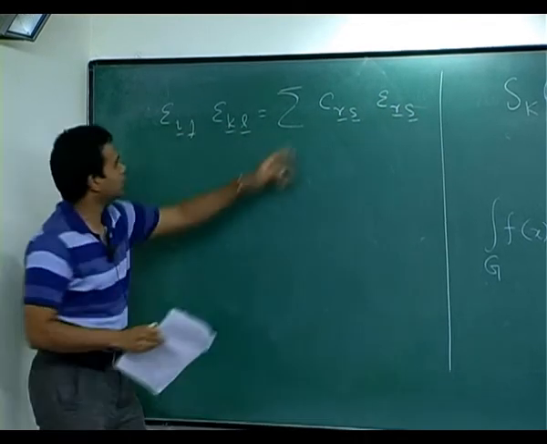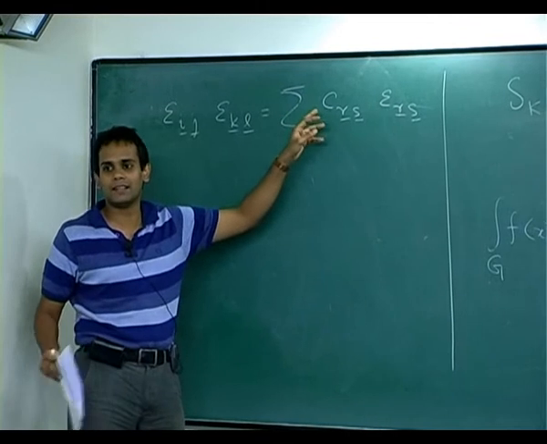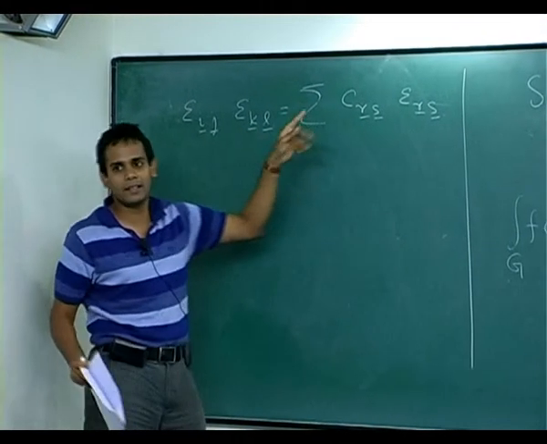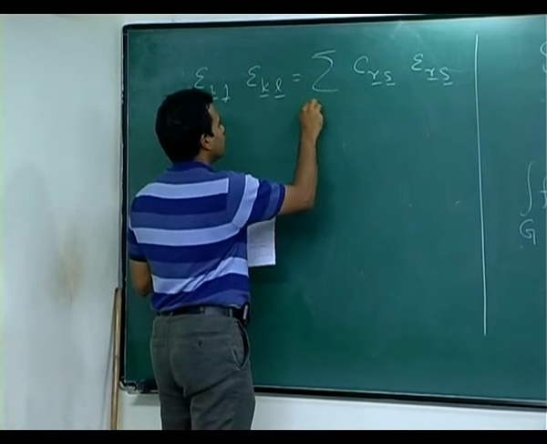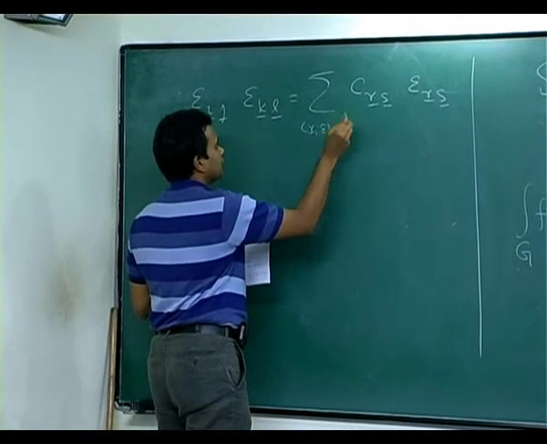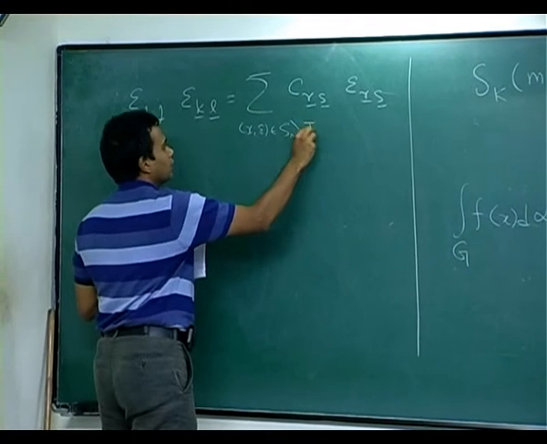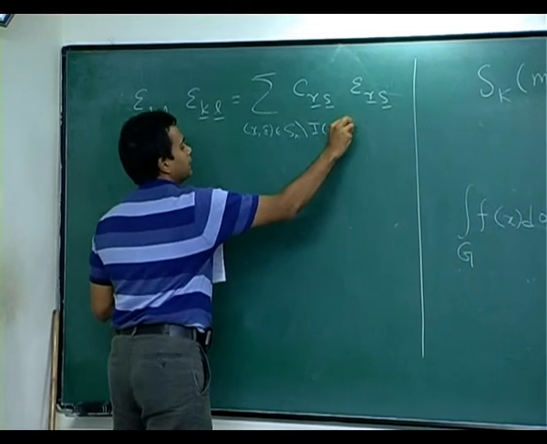I want to know what these structure constants C r s are. They of course depend on I, j, k and L, and here I would take a sum over r s in Sn mod I m n squared, right.